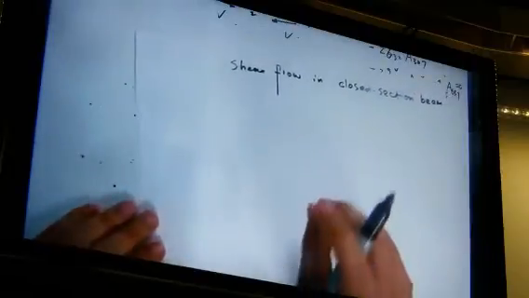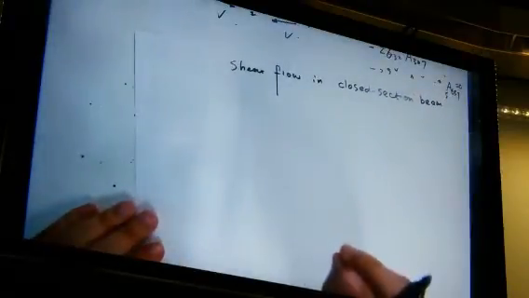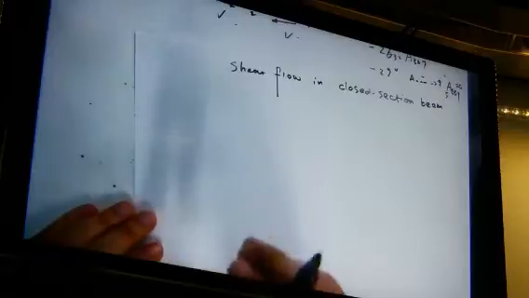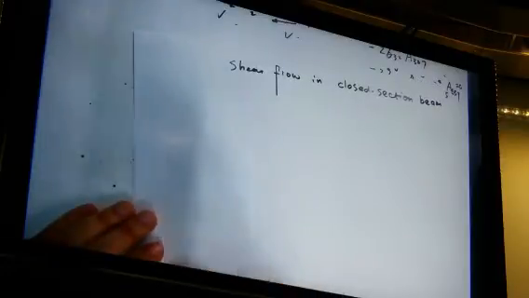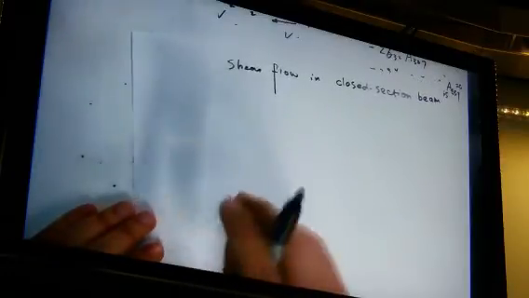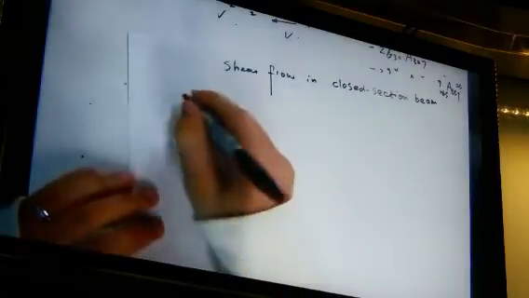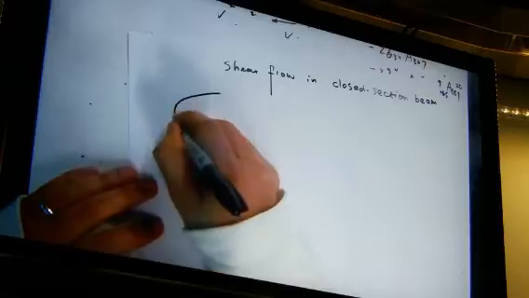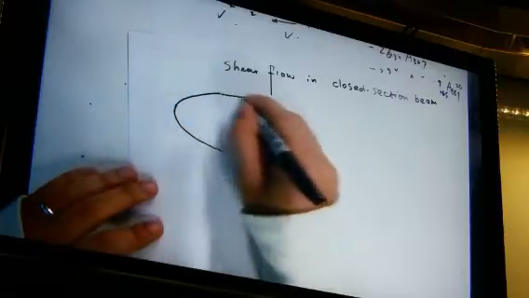The equations we're going to use for open section and closed section are the same, but we have two additional equations that we can solve, because closed section is indeterminate. We need more equations. So the first equation about shear flow will be the same, but we need more equations. A typical closed section is like this.